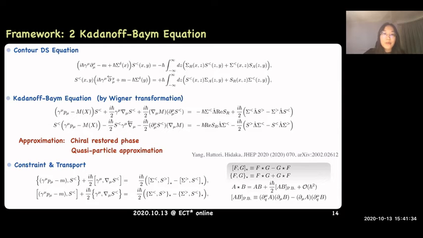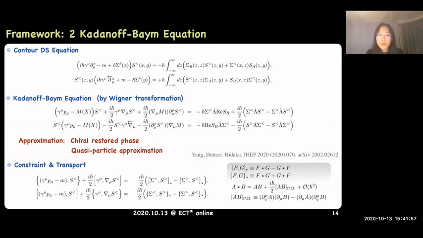Then we take the approximation that we work in the chiral restored phase, so that the fermion only has the current mass, and the mass does not have space-time dependence. We also have the quasi-particle approximation.